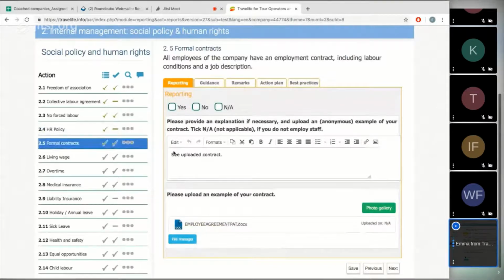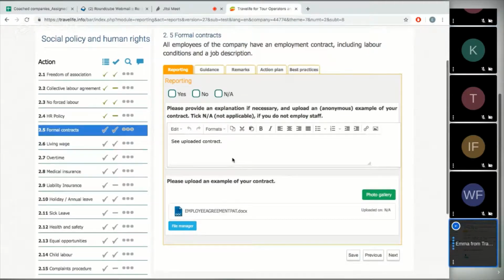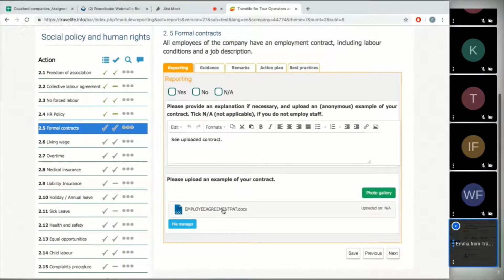So the next one is a mandatory. So it is whether your employees have a formal employee contract, which includes their labor condition and a specific job description. So please then upload an example of such an employee contract.